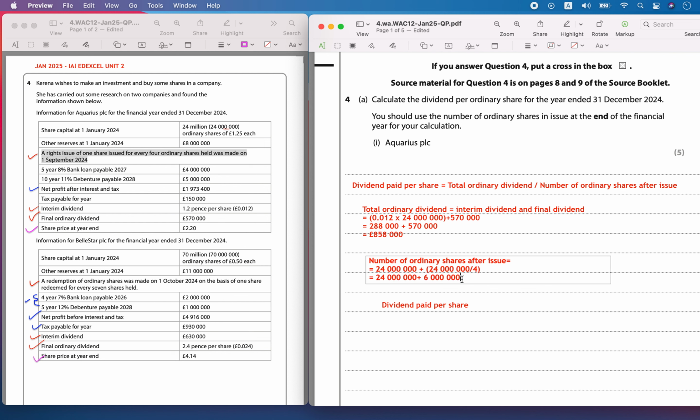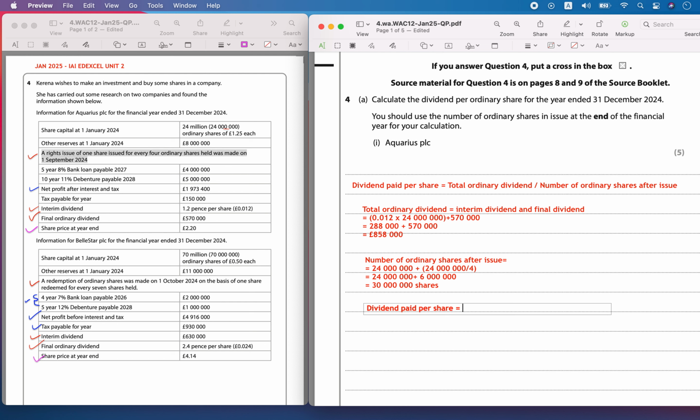This is the number of shares the company would have increased by after issuing the shares. So 30 million shares is what the company has after the issue of shares.